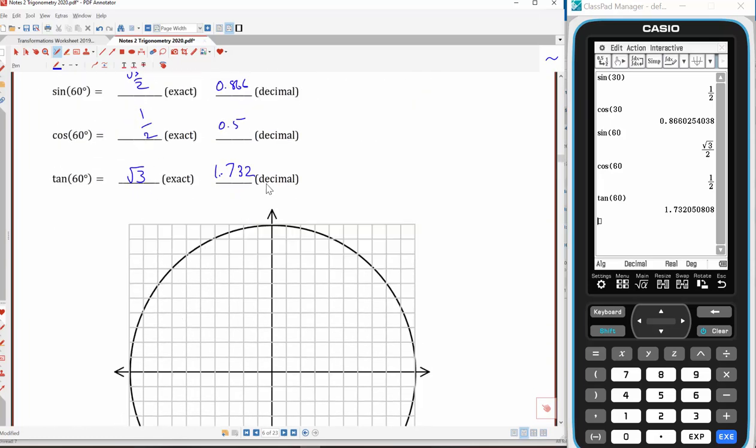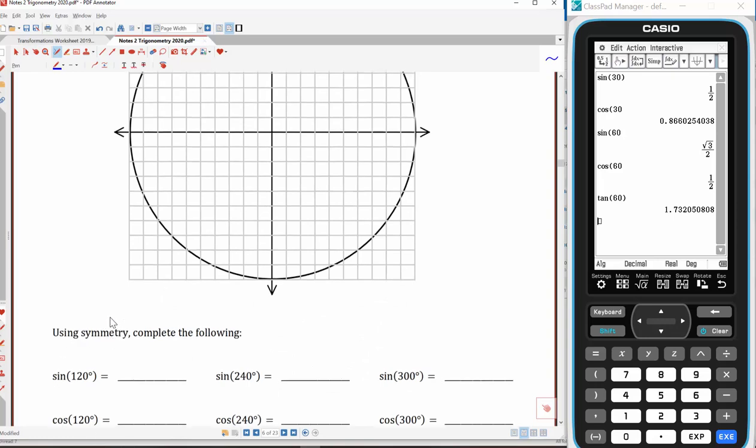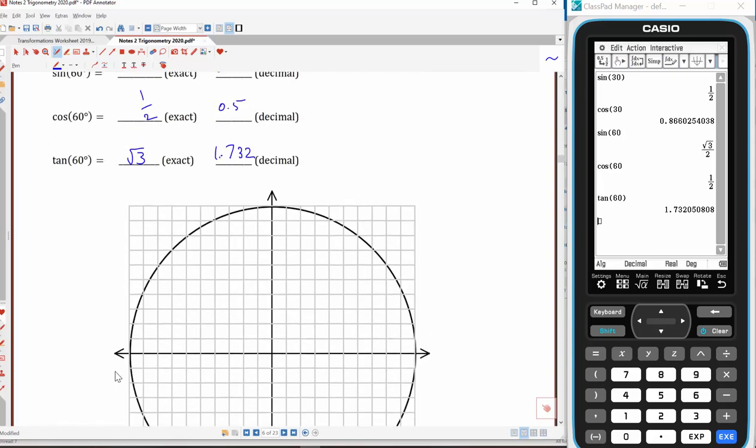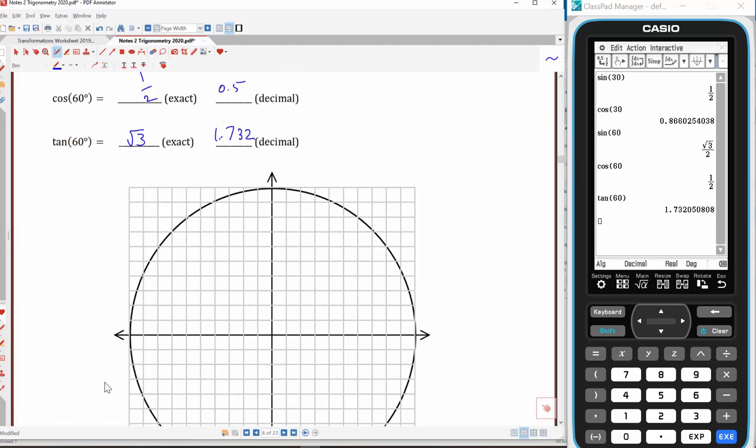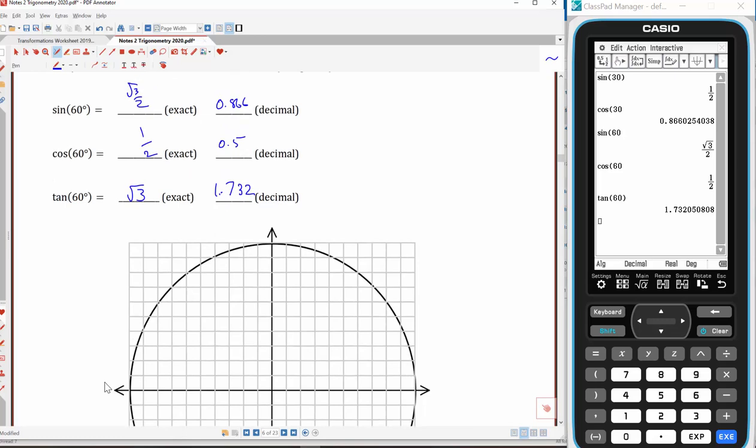All right, what do they want us to do with that? Using symmetry, complete the following. We want to get the sine of 120, but you're not allowed to use your calculator. So let's first note that the cosine of 60 was a half. So here is 1, so that means a half is here, and the cosine, which is the x value.